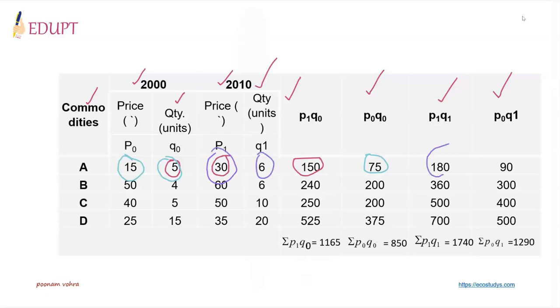So you get 180. And the last one is P0 Q1. P0 is 15 and Q1 is 6. 15 into 6, that is 90. In the similar manner, you have to complete the series and then finally have summation. Summation of P1 Q0, summation of P0 Q0, summation of P1 Q1 and summation of P0 Q1.